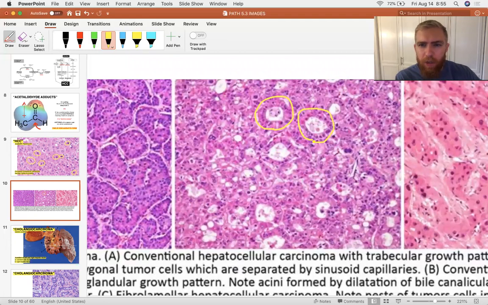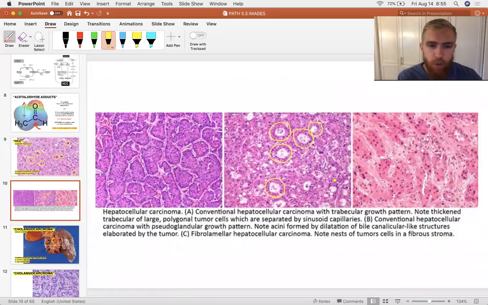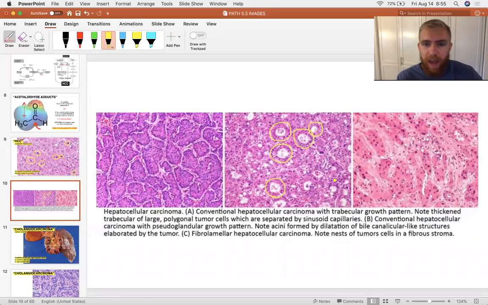Kind of like if you were looking at the pancreas, or maybe even the large intestine. You're seeing a lot of secretory ducts within this conventional hepatocellular carcinoma pattern. So you shouldn't be seeing those either. So the difference between the 2 patterns is that one's got duct work, the other really doesn't.